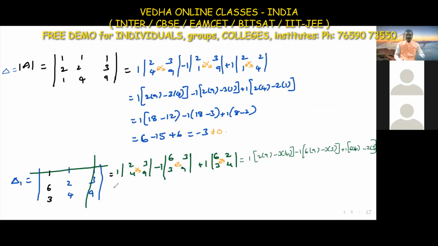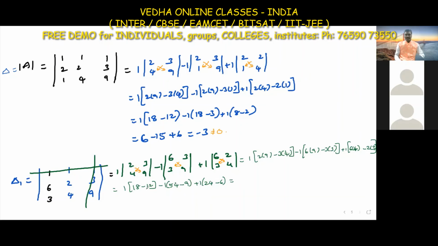Now this equals 1 into (2 9s are 18 minus 3 4s are 12), minus 1 into (6 9s, how much is it? 54, minus 3 3s are 9), plus 1 into (6 4s are 24 minus 6).